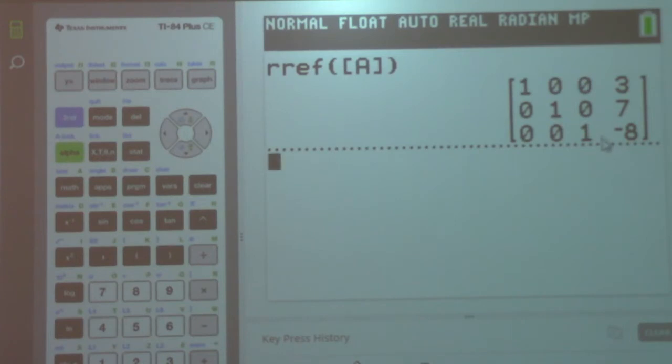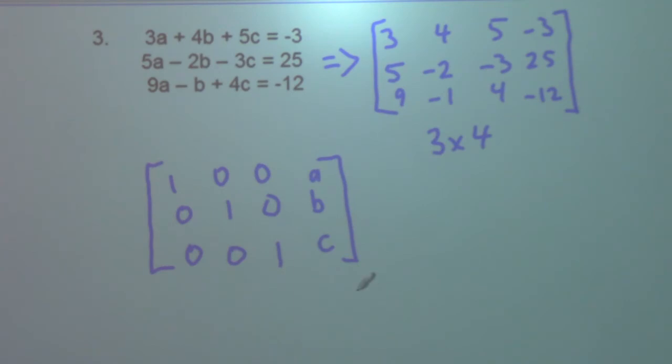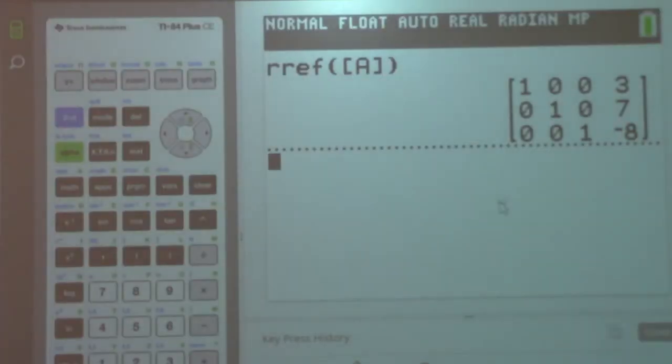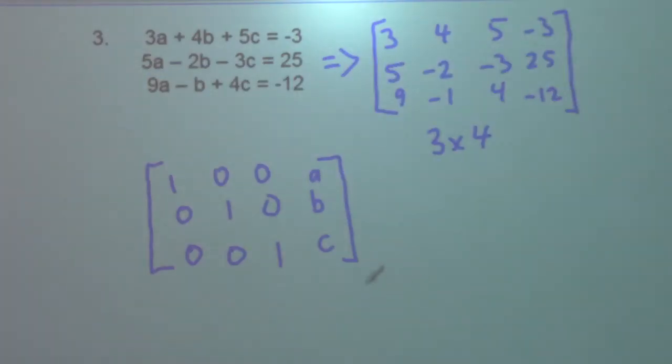If done properly, we're going to have our answer right over here, which is x equals 3, y equals 7, z equals -8, except we're using ABC instead, aren't we? So it's going to be 3, 7, -8. I'm going to go ahead and replace those.